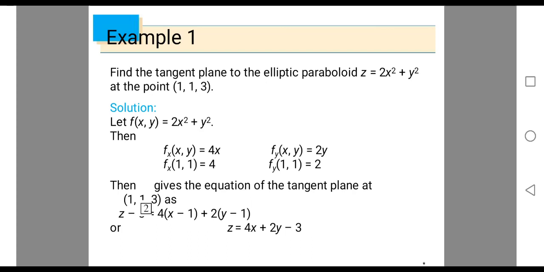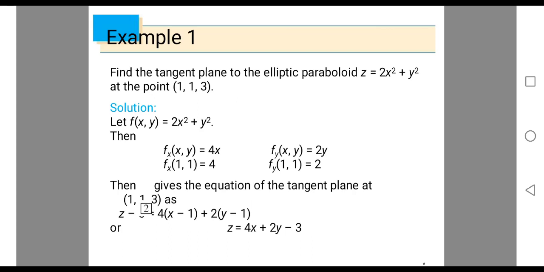Please give it a try and solve it the best possible way. Okay, now let's do it together.